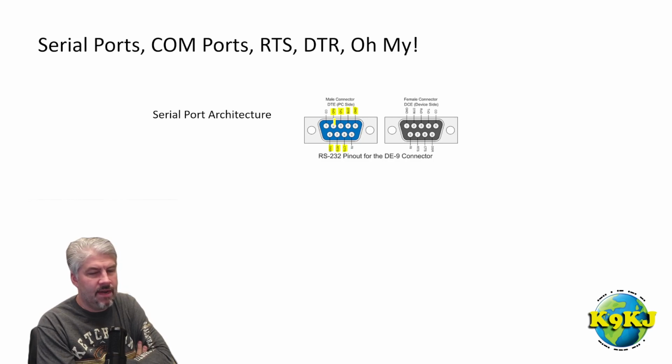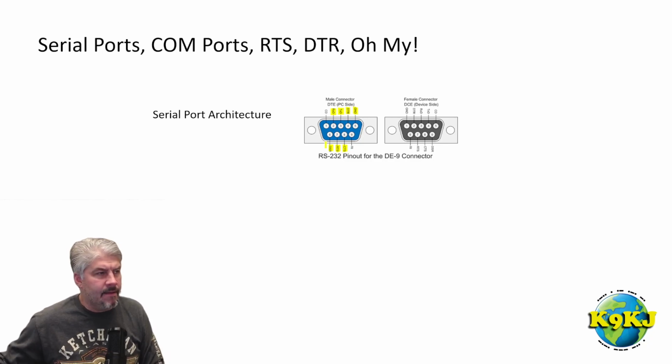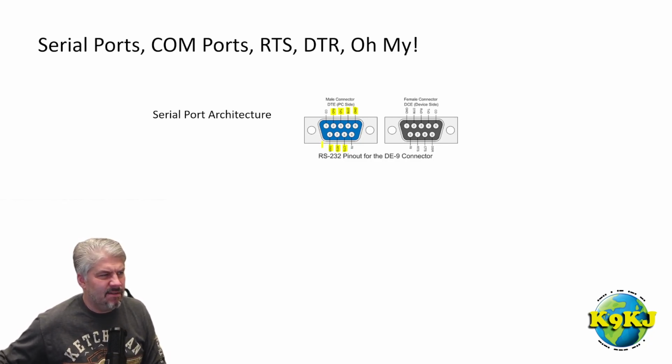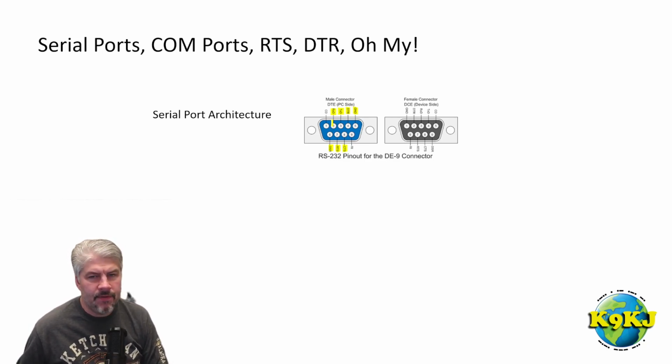You can just pipe data right down the line and it would be acceptable, especially today, because I think the maximum speed of a serial connection is, was it 115,000 bytes or 115K or something like that. I don't know, it might be a little bit off on that, but it's really low in terms of what bus architecture is today on computers. So that's kind of how that works.